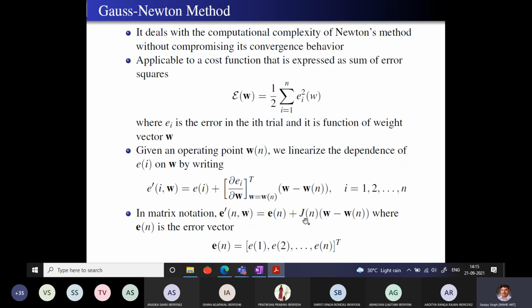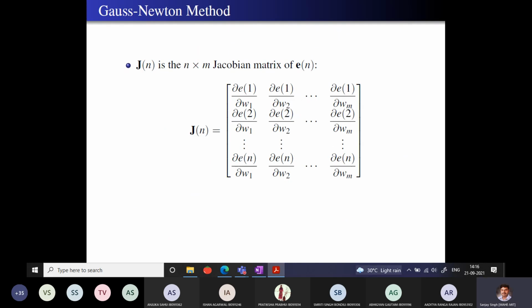Anyway, we'll define this in the next slide. And (W minus W_n), where of course E is the error vector, and here you mention E1, E2, up to En, meaning the number of samples is n. The Jacobian is defined something like this: ∂E1/∂W1, ∂E1/∂W2, and so on, so for the first example differentiating with respect to weight 1, weight 2, up to weight m, provided the weight space is m dimensional.